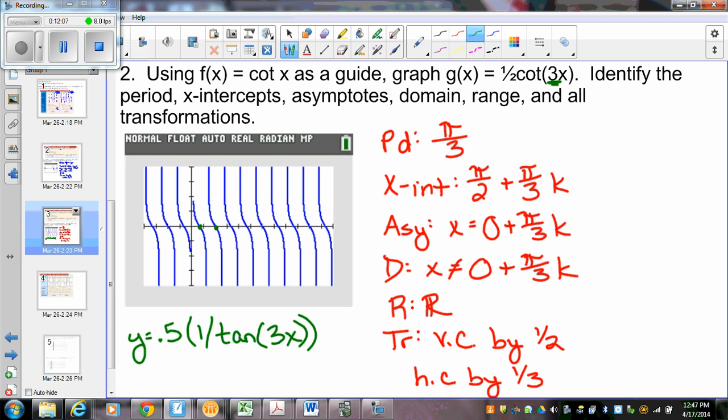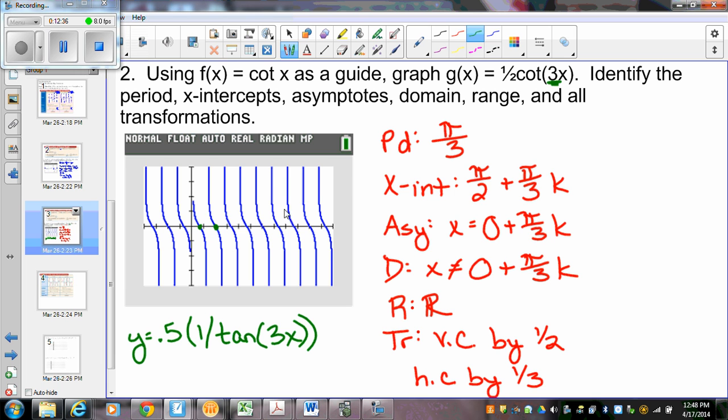So if you notice that your second x-intercept is exactly at pi over 2, that means that my x-intercepts would be at pi over 2 plus whatever my period is times k. And it's okay to write it like that, because if I use a negative k, then that would make me go backwards by pi over 3, which would take me right back to this first x-intercept. So my answer right there is exactly correct.